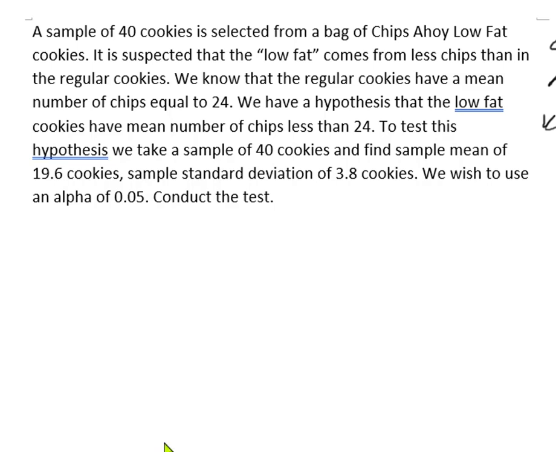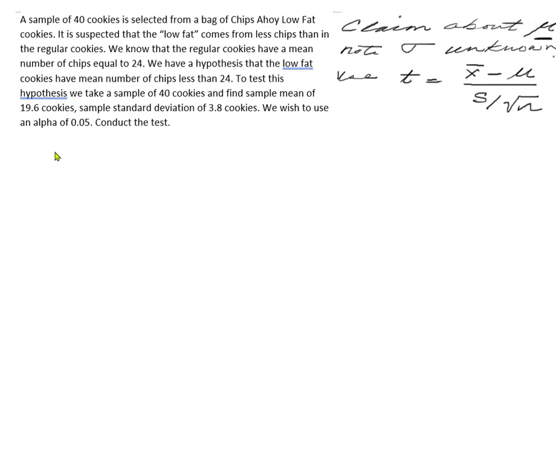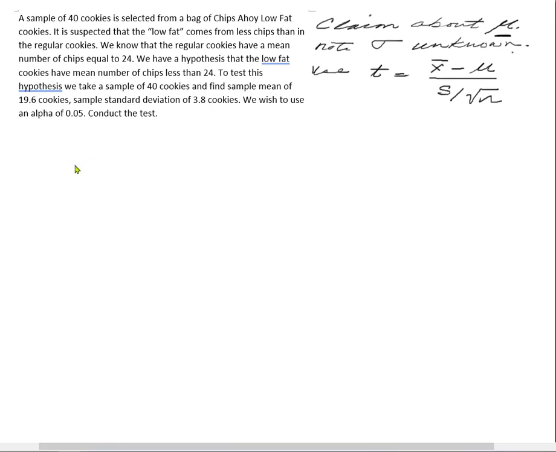So the first thing we have to do to test hypotheses is, logically enough, we've got to have a couple hypotheses. One of the things we're thinking about is that the mean number of chips, mu, is less than 24 chips per cookie. Now here's a thing to remember, because this never changes.